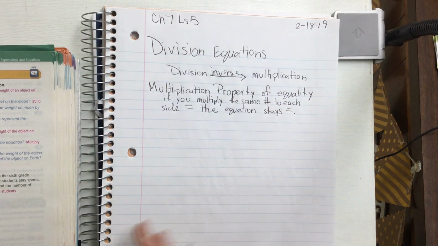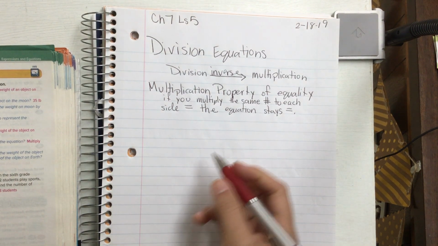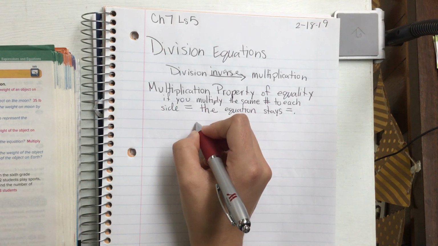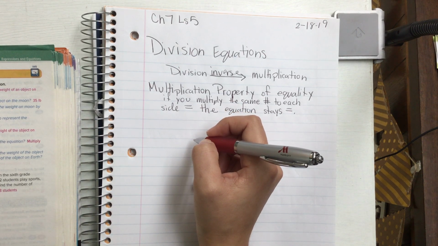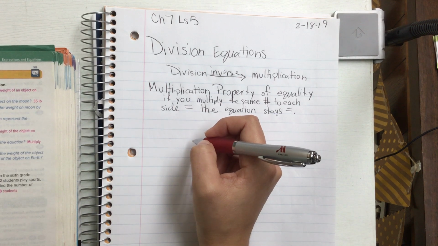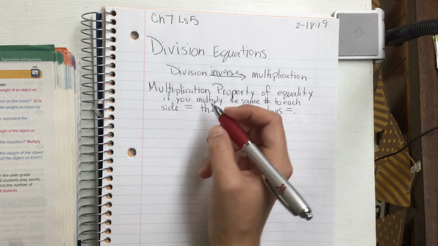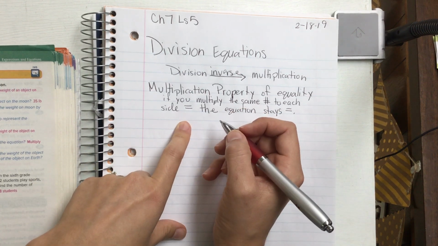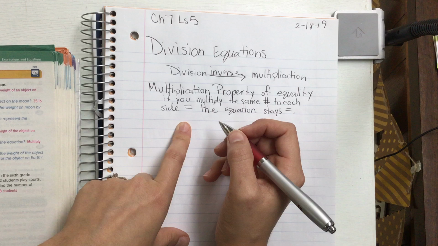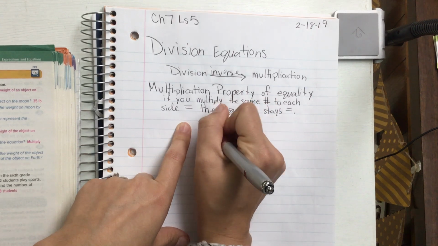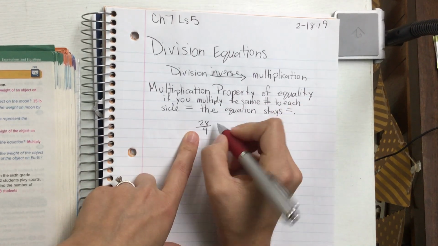All right? So if I have a division equation, I'm sorry. 28 divided by 4 equals 7.